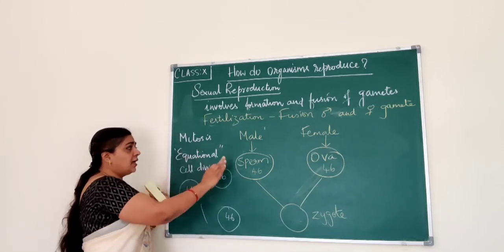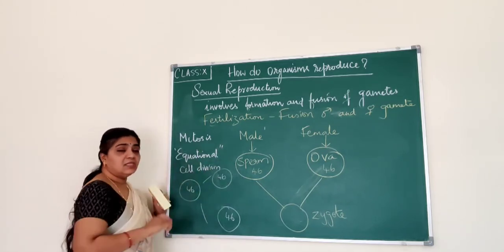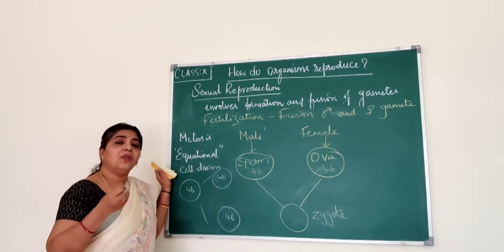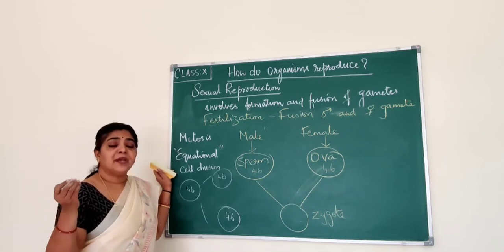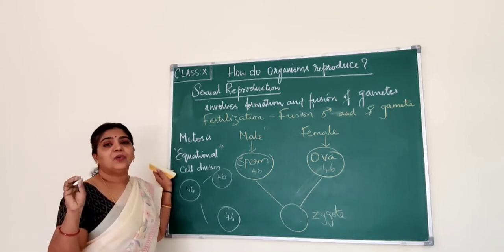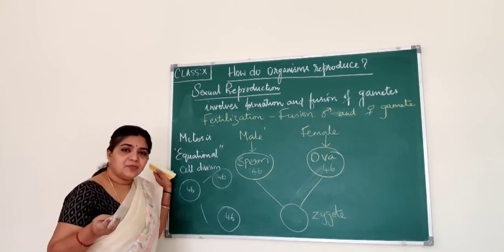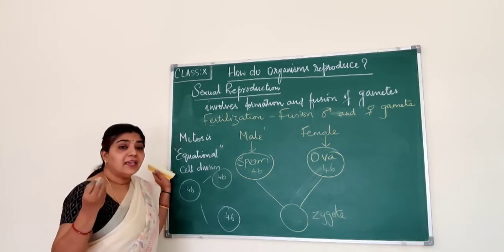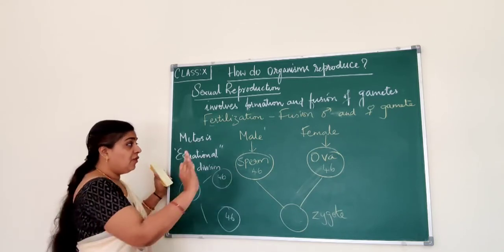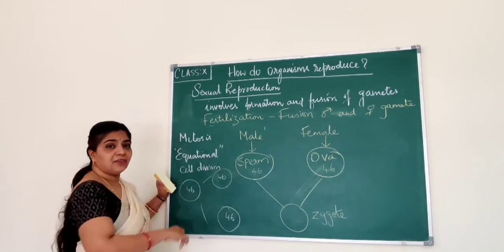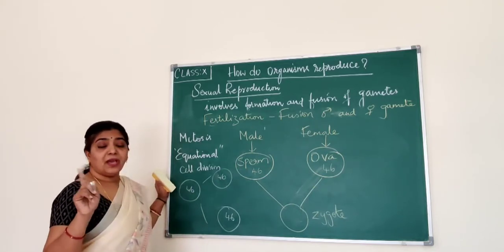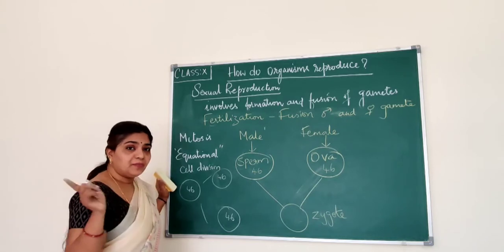This mitosis cell division, we actually see in all our body cells, because mitosis helps in our growth, cell replacement, and healing. From all those things, mitosis takes place. But when gametes are formed, I told you gametes are not formed right from the beginning.